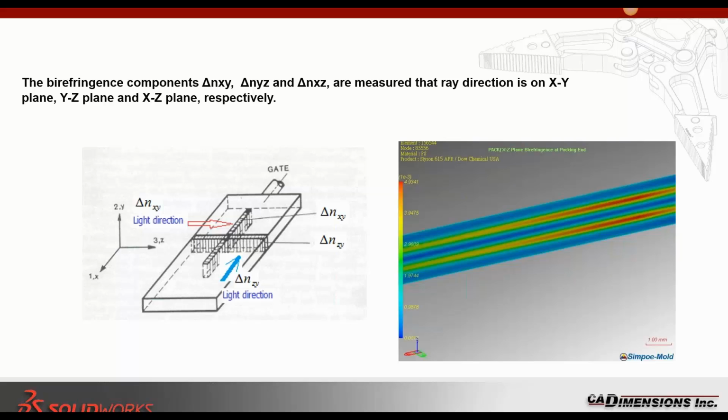So within SolidWorks Plastics, just to give you a quick view of the type of results that you can get, the results are actually broken down into three different planes. So you'll be able to view birefringence if the light direction comes from the XY, XZ, or YZ direction. So you can really dissect and view the birefringence results throughout your part.